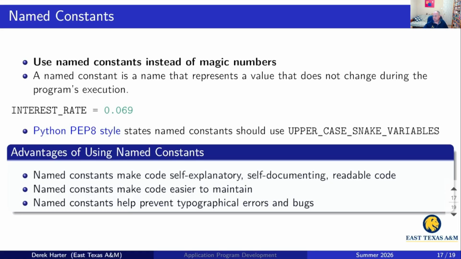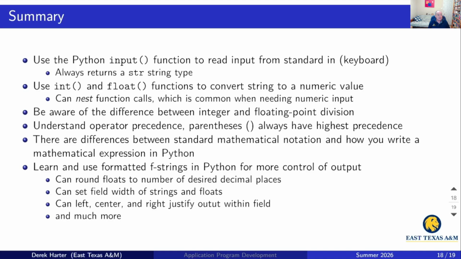Okay, so that's it for this video. Just to summarize a couple of things we covered today. The input function allows you to get input from the user. That completed our ability to get input, process it, and show the results, right? The other thing we talked about is some more advanced ways of formatting your output.